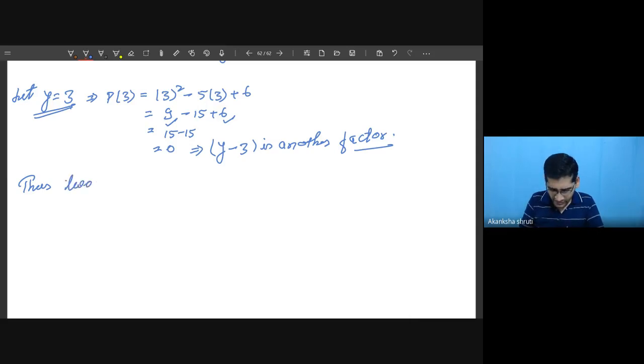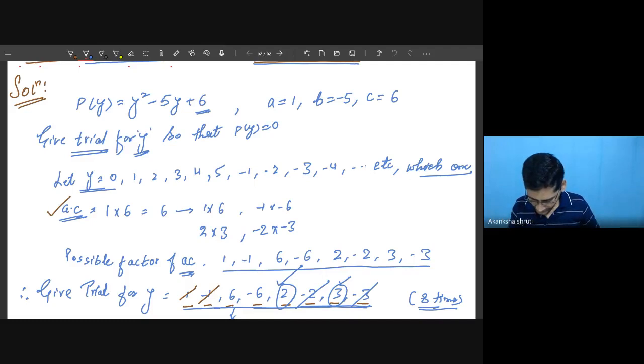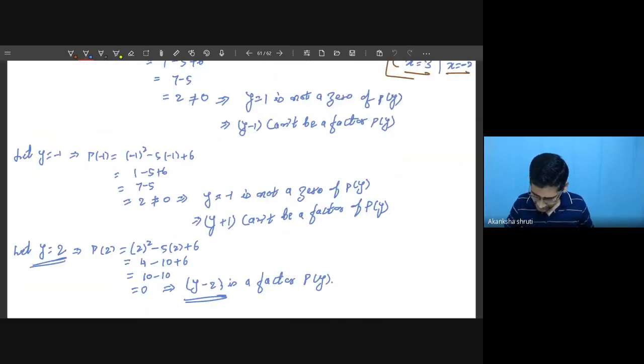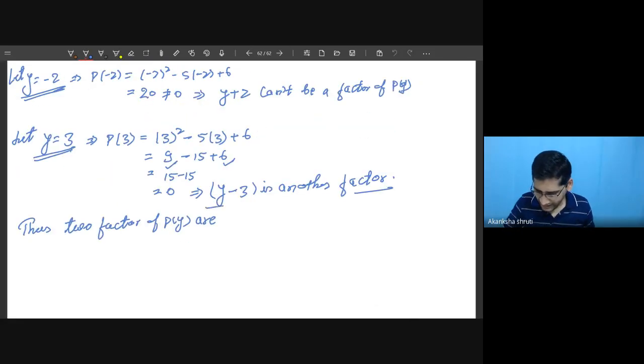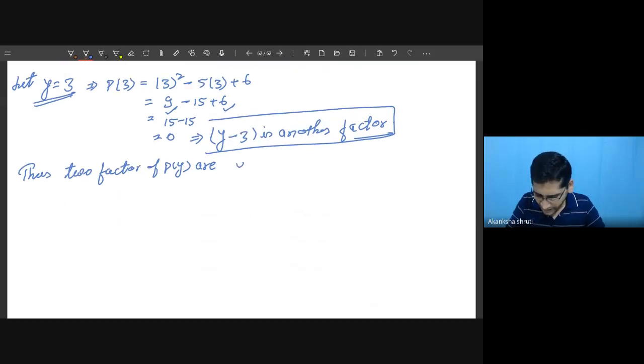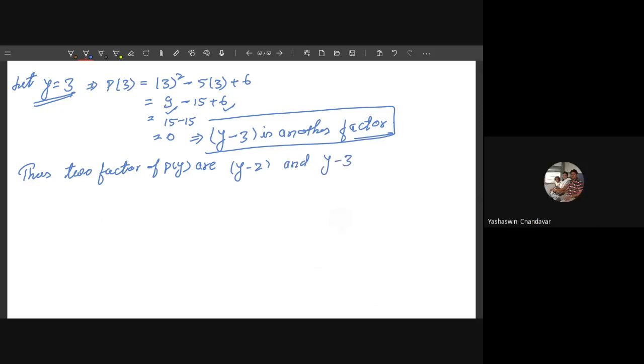Two factors of p of y are y minus 2 and y minus 3.